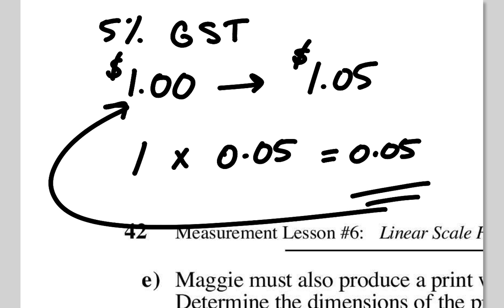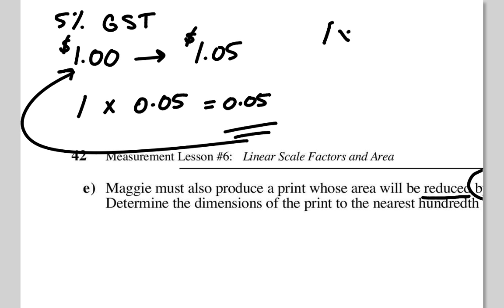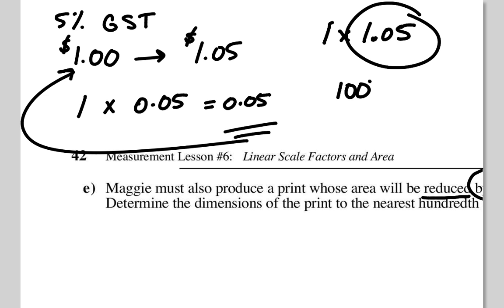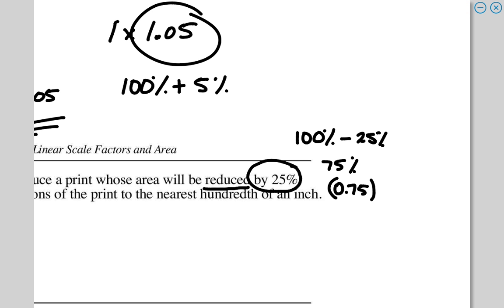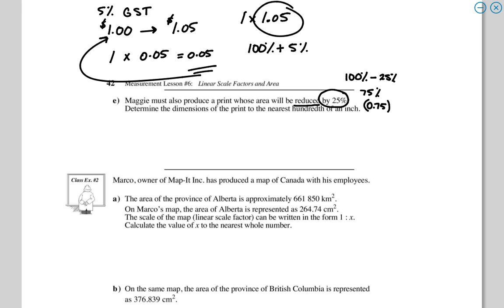You can shortcut that by saying 1 multiplied by 1.05. This 1.05 is 100% plus the 5% tax. Does that make sense? Here, I want it to be 25% less, so I start at 1, and I take off 0.25, and I maintain 0.75. Hopefully that makes sense in terms of percents.